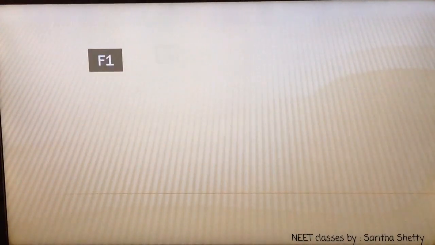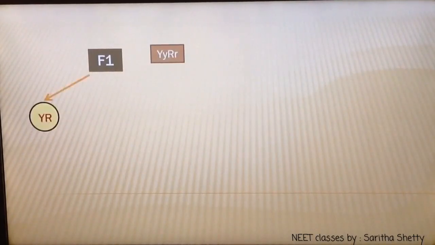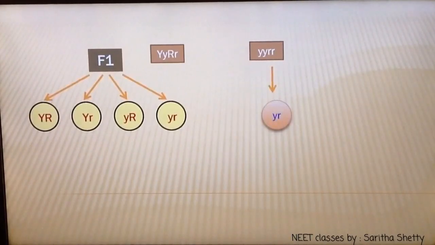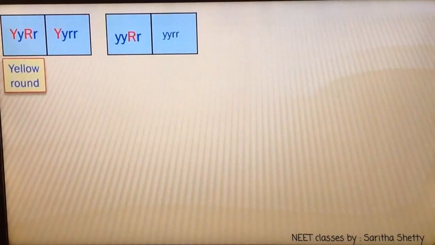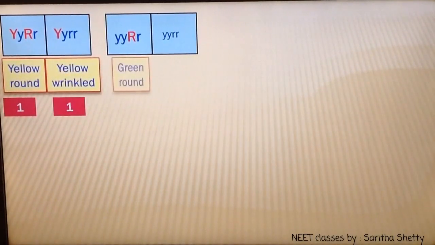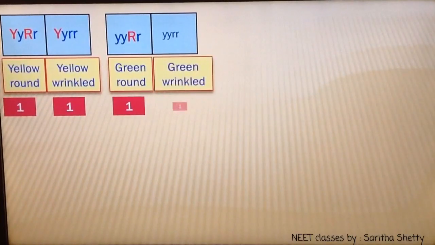To perform the same with reference to dihybrid, the dihybrid F1 individual produces four types of gametes, which is crossed with a homozygous recessive containing small y, small r, which produces all gametes containing small y and small r. They produce four types of individuals: yellow round 1, yellow wrinkled 1, green round 1 and green wrinkled 1.